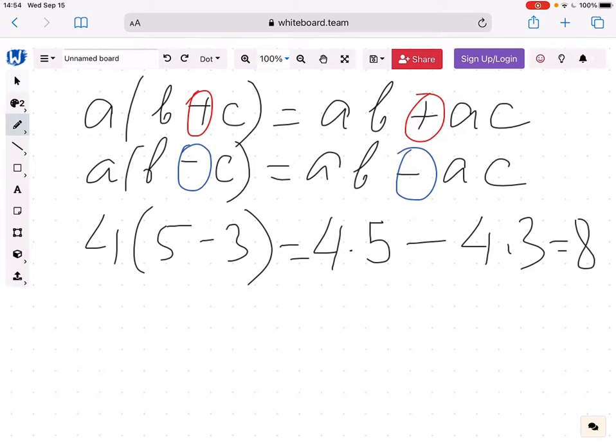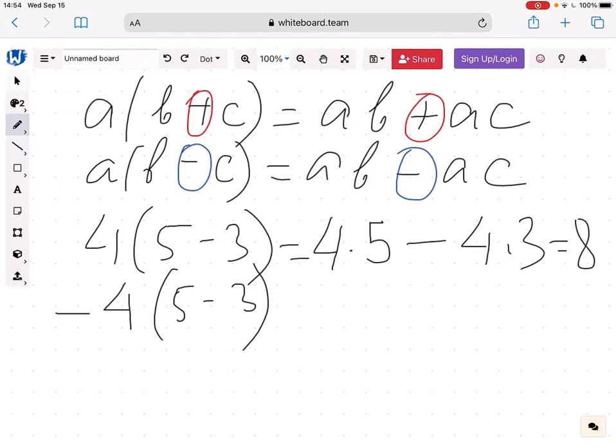But now the next question: what if I put a minus right here? Obviously, the previous result was giving me 8. If I put minus in front of it, it's going to be minus 8. There are two ways to think about it.